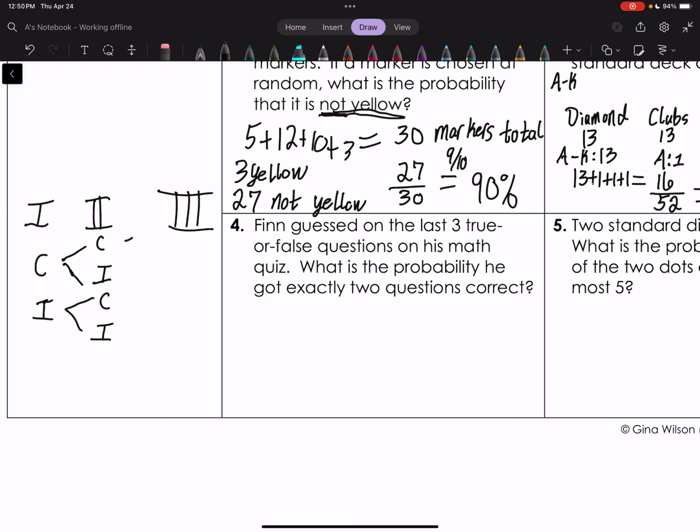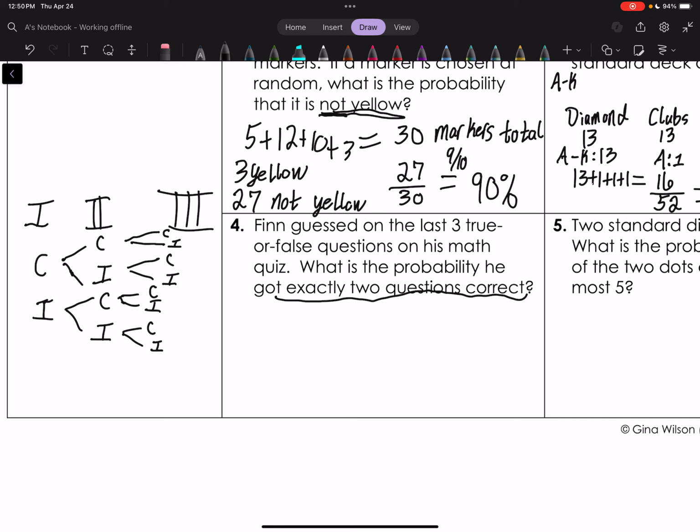On the third question, this is going to break it into even more options. Correct, incorrect, correct, incorrect, correct, incorrect, and correct, incorrect. Each one of these is a row, and we're looking for an exact probability of having exactly two questions correct.